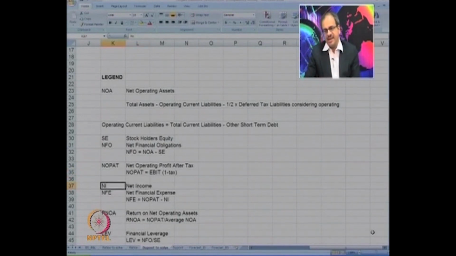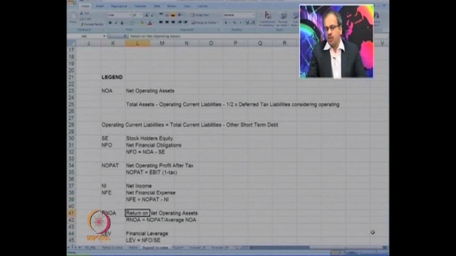Next is NI, net income, I think you all know. Net financial expenses, in other terms expenses like interest paid, etc. So we calculate NFE, that is net financial expenses, as NOPAT minus NI. So NOPAT is the total profit or net operating profit after tax. We reduce the final profit or the net income. So the difference is considered as net financial expenses.